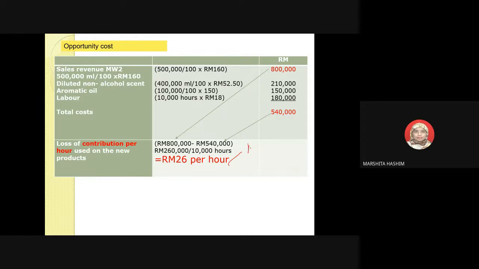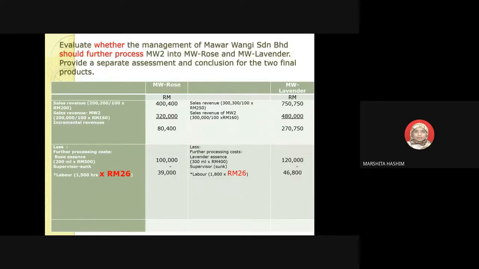Remember for MW Rose and MW Lavender, labor hours are 1,500 and 1,800 for lavender. Multiply by 26 ringgit. Then you transfer into your table.